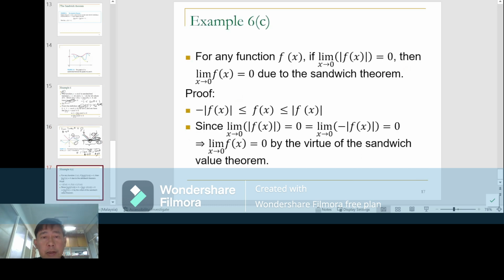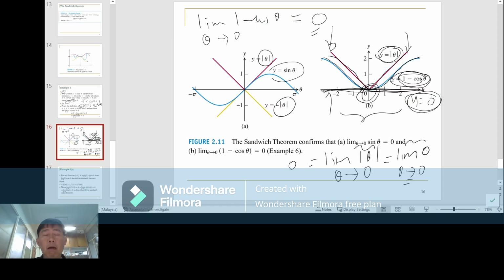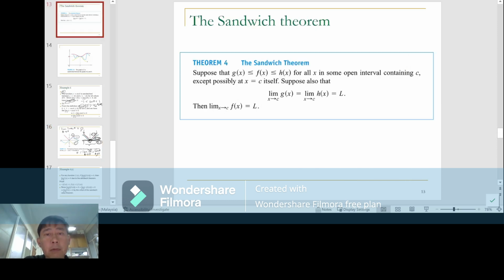So here you learn the trick that in order to prove the limit of a function at a point using the sandwich theorem, you have to be able to come up with upper and lower functions such that they always sandwich the function under consideration within some interval that includes the point c where you want to evaluate the limit.